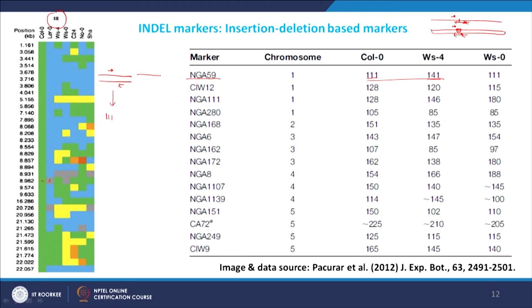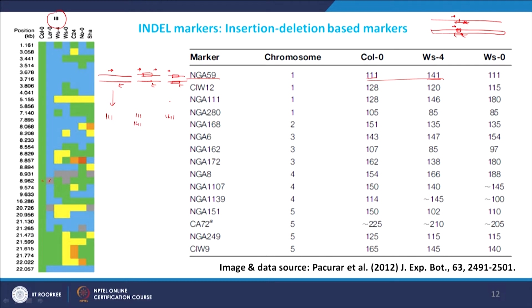If this loci is heterozygous, one loci is Columbia and one loci is WS, and you use the same marker, then from the Columbia loci you are going to get a band of 111, and from this WS4 loci you are going to get a band of 141. And if you have a genetic loci which is homozygous for WS4, and you use the same primer, you are only going to get a band of 141 nucleotides.